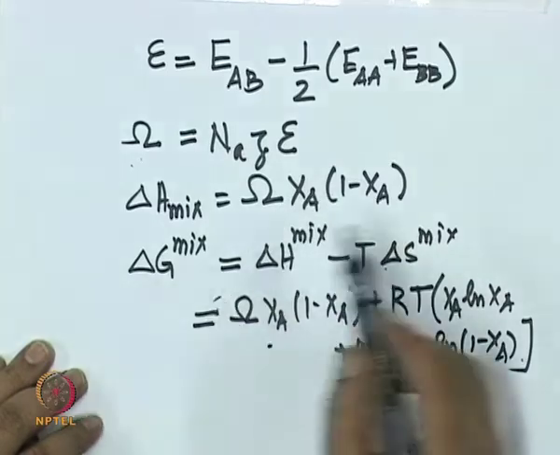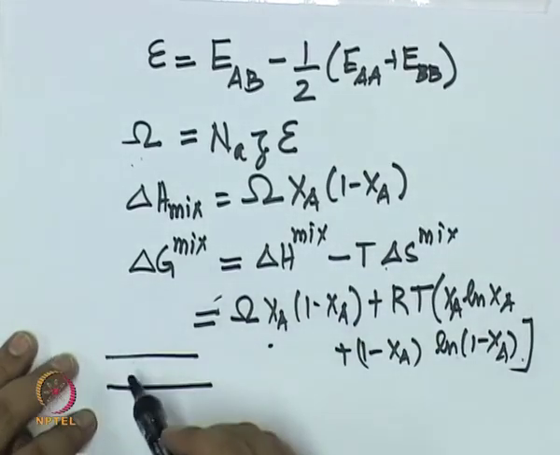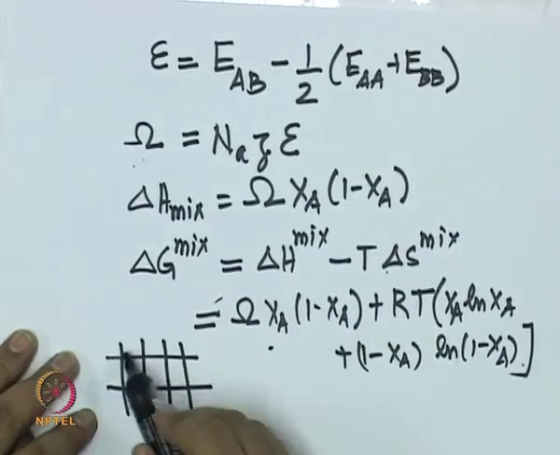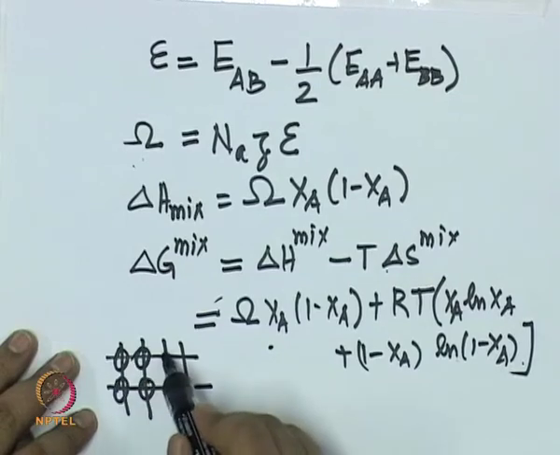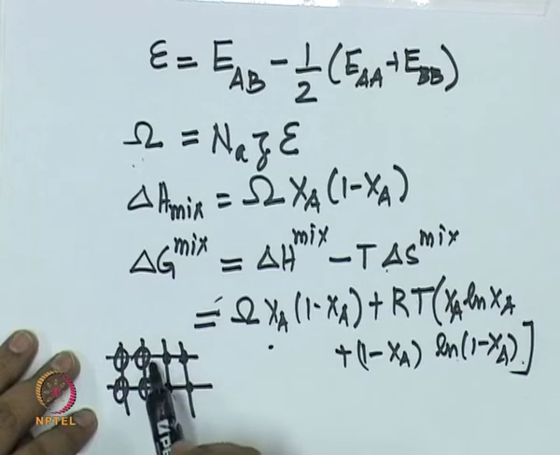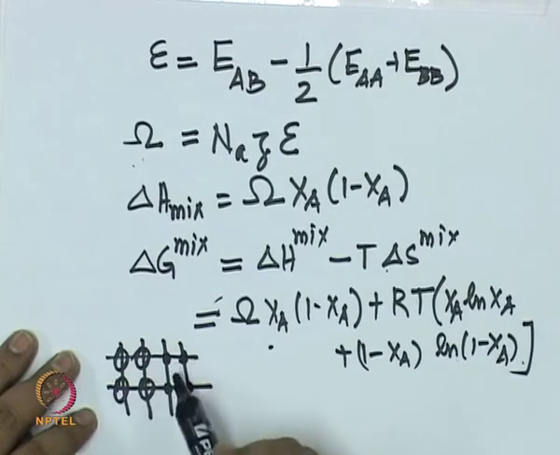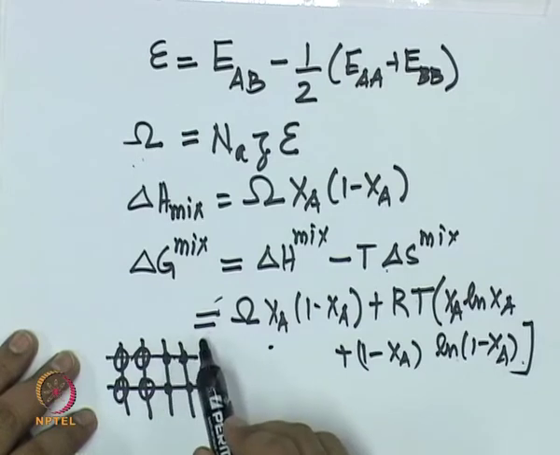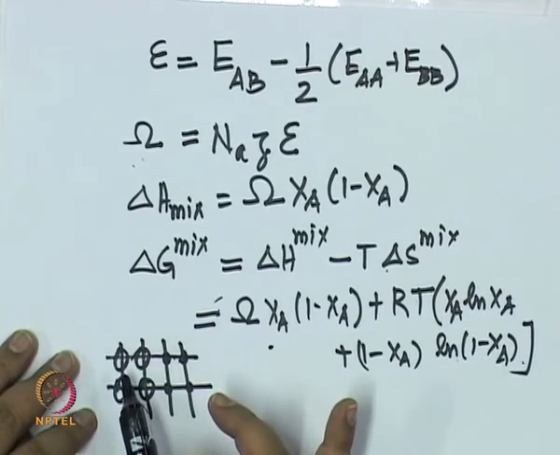The system will get a configuration like I showed you earlier, in which it will have all A atoms here and all B atoms here. Please notice, even if it does that, it still has to make some AB bonds, which are relatively costly. If possible, it would like to have only AA bonds and BB bonds.